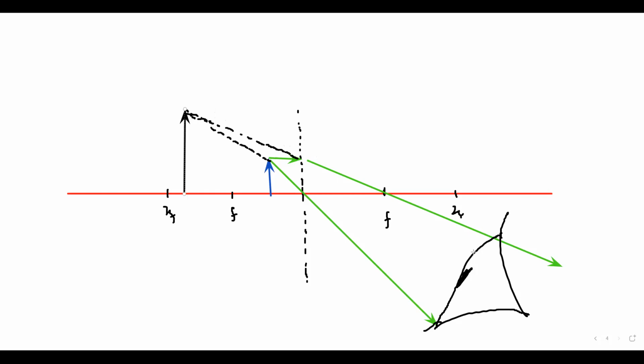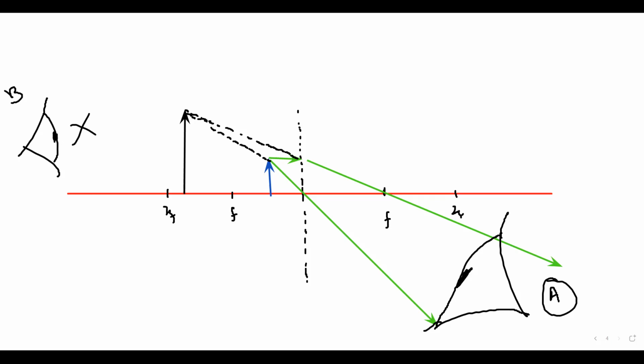So this image will be seen by the person at A. But if there is another person at B, he won't be able to see anything. Why? Because this is just an imagination. In reality, it is not there. This is an imaginary image, a virtual image which is created by A. So that's why B is not able to see this virtual image.